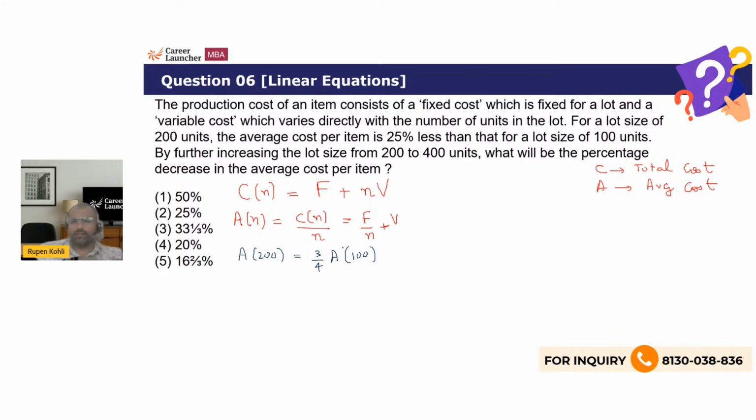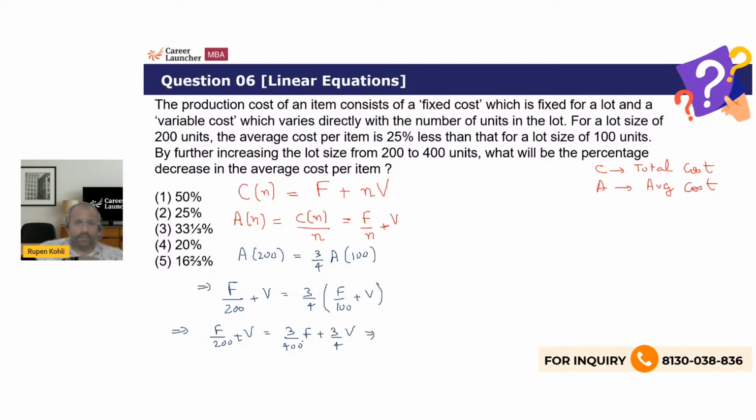So this will give us some kind of condition between the variables that we have taken. So let's get that, right? f by 200 plus v, the average cost for 200 items in this f by n plus v, will be equal to 3/4 of whole bracket f by 100 plus v. Should give me some further simplification. So I'm getting that f by 200 plus v equals 3 by 400 of f plus 3 by 4 of v.